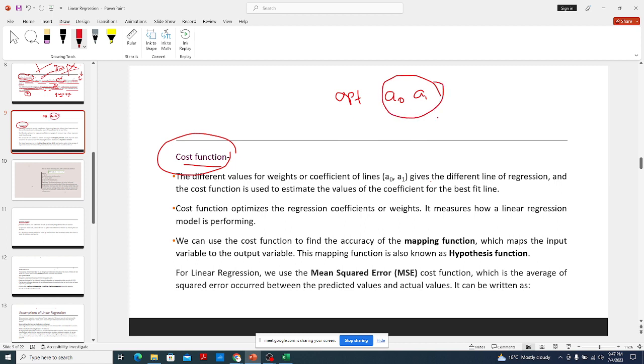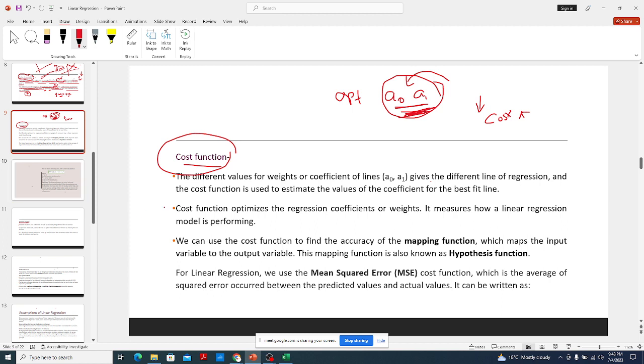We usually say that the smaller the cost function, the better the coefficients. And the larger the cost function, the less optimal our coefficients, meaning our model would not be that good.